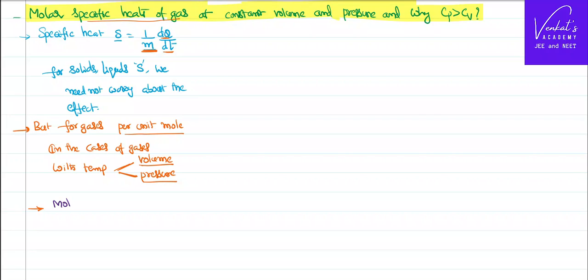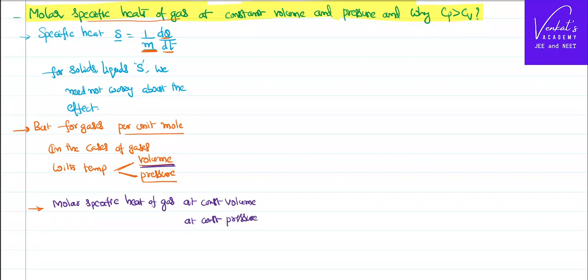So what we can say? Molar specific heat, when you say molar specific heat, you mean per mole of gas, exists at constant volume. We keep volume constant, so we study the other parameters, right? And we also have it at constant pressure.